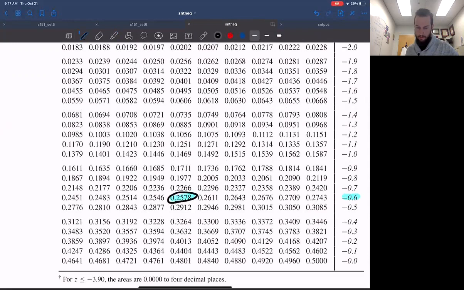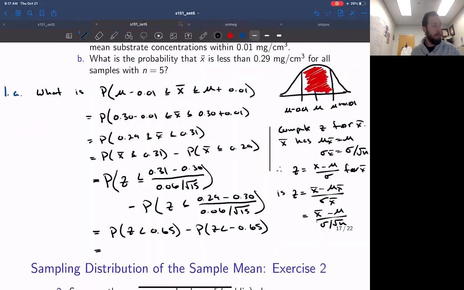So we have 0.7422 minus 0.2578, which is equal to 0.4844.